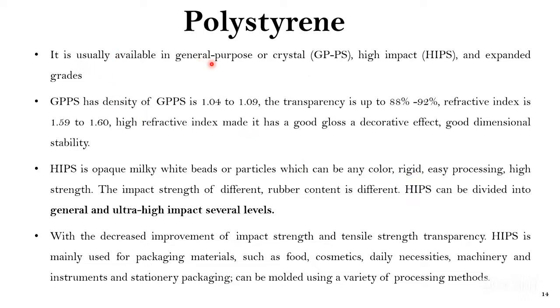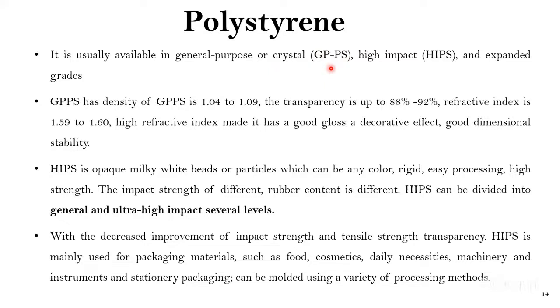It is usually general purpose. This GPPS is very different. Okay, let me just take this out. Yeah. So this general purpose or crystal is the name; we have very different types of polystyrene.